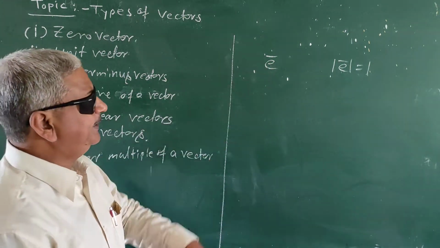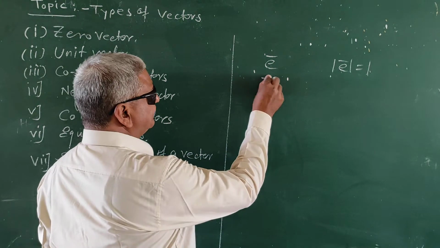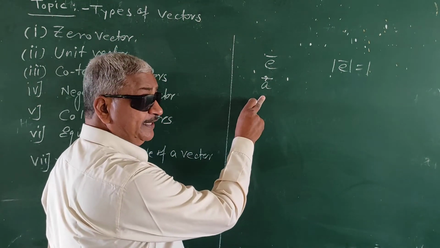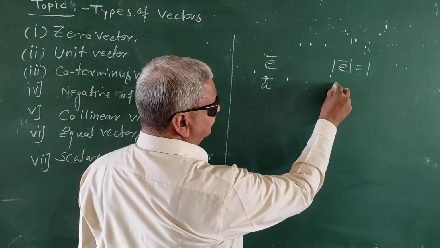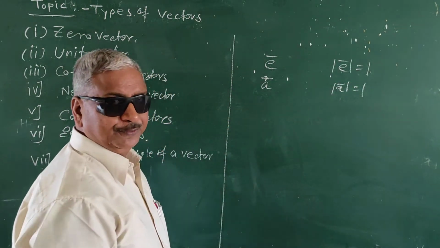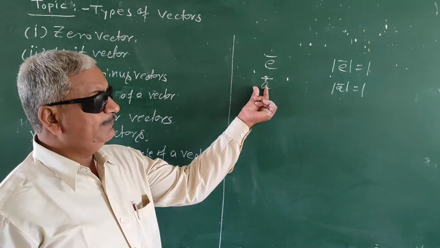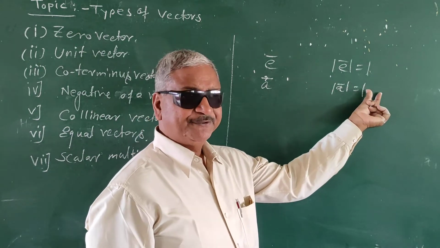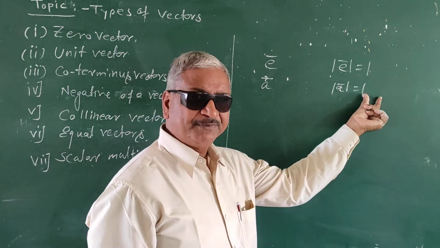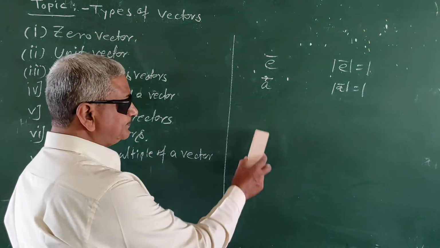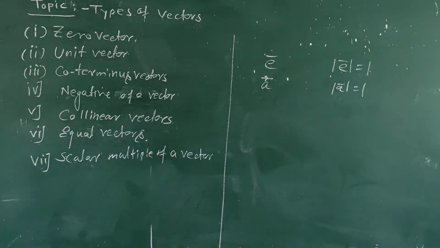If you take any vector a bar and you want to say that this a bar is a unit vector, you must have the knowledge that mod of a bar is equal to 1. So a bar is called a unit vector if and only if mod of a bar is equal to 1, means its magnitude is 1.